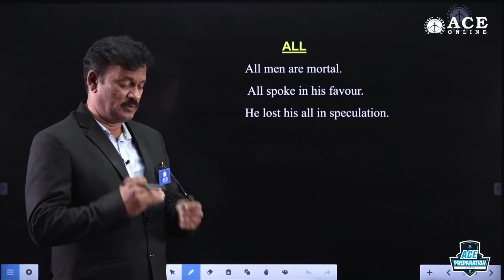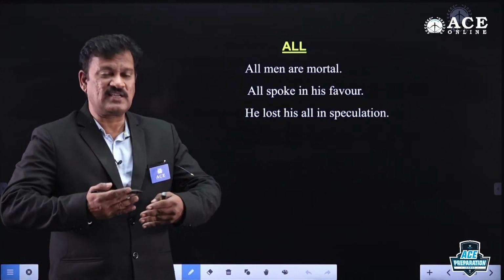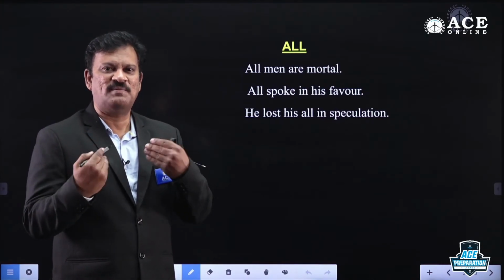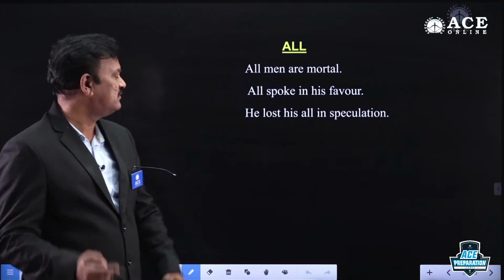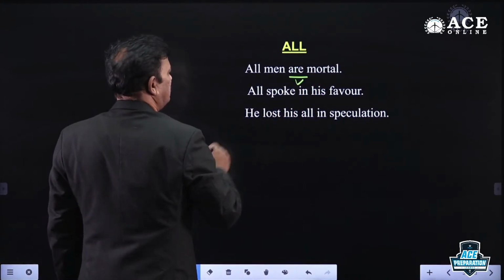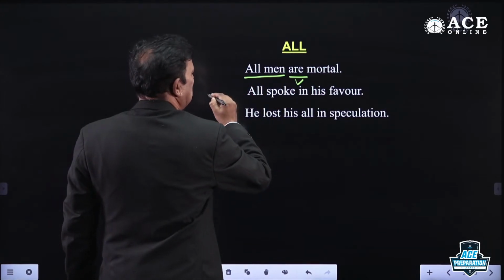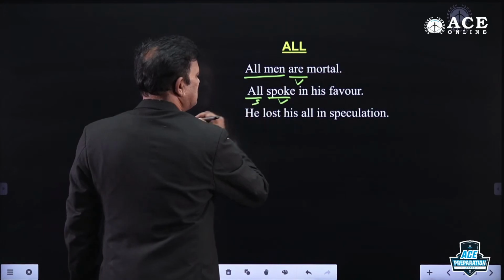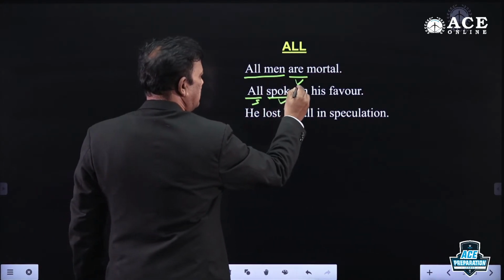I told you, if you give the structure, automatically these words are coming out and telling you, I am a noun, I am an adjective, I am a verb, isn't it? Verb. Who are mortal? All men are mortal. Verb. Subject. Preposition.